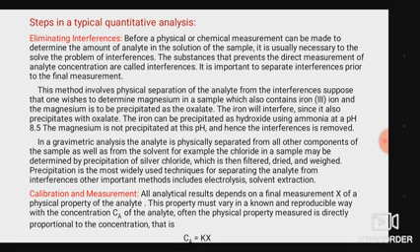So the next one is eliminating interferences. Interferences means foreign substances. Before a physical or chemical measurement can be made to determine the amount of analyte in the solution of the sample, it is usually necessary to solve the problem of interferences, because the impurities in the sample affect the result of the analysis.